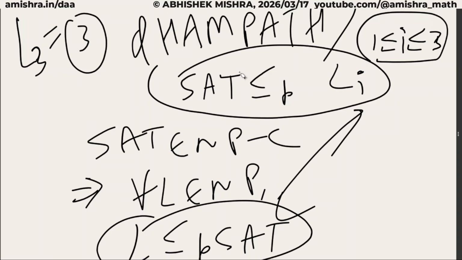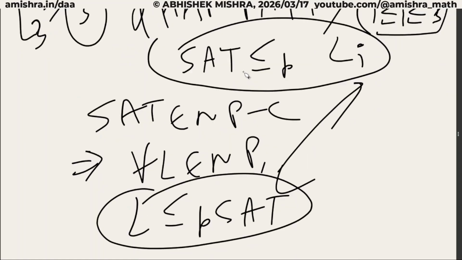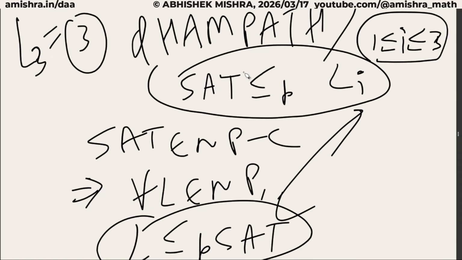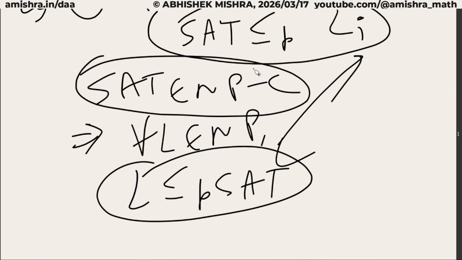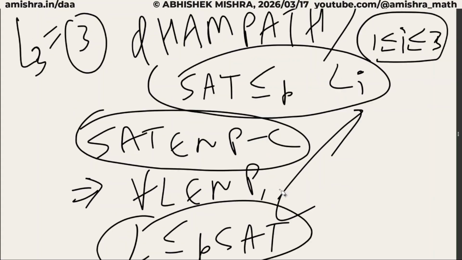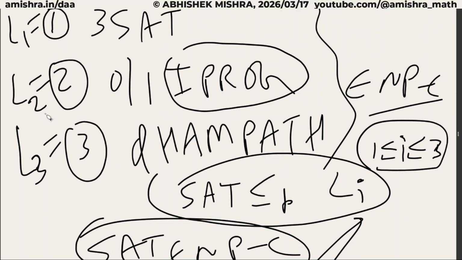No, this is not the first proof, I am explaining the idea. What is the idea behind all these 3 proofs? First I will describe the idea, then prove one by one. The satisfiability language, we know that this is NP-complete. So for all L in NP we have a polynomial time reduction from any L in NP to satisfiability, and we will prove that satisfiability reduces in polynomial time to each of these 3 languages, L1, L2, L3.